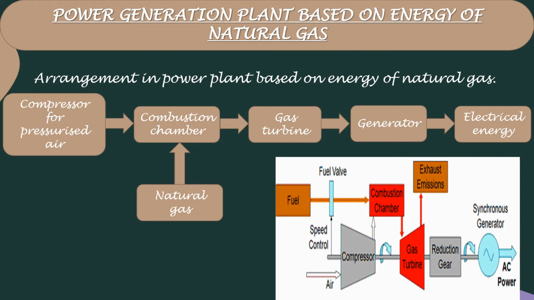Pressurized air is introduced in the combustion chamber using a compressor, and in the combustion chamber, combustion of natural gas takes place in the presence of air. A gas at very high temperature and pressure is generated in the chamber, and this gas is used to run the turbine, which in turn rotates the generator to produce electrical energy.